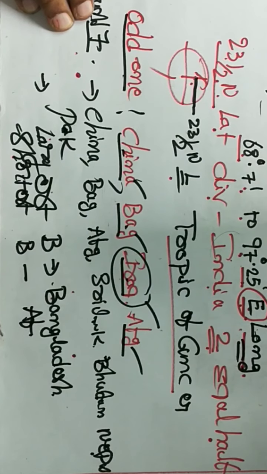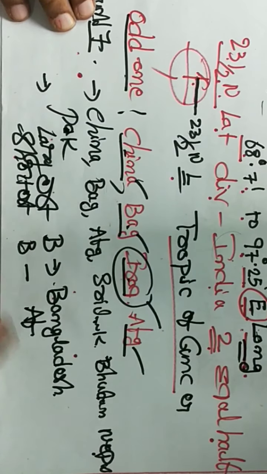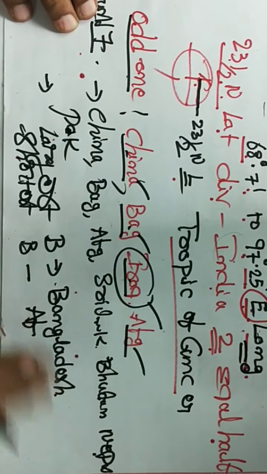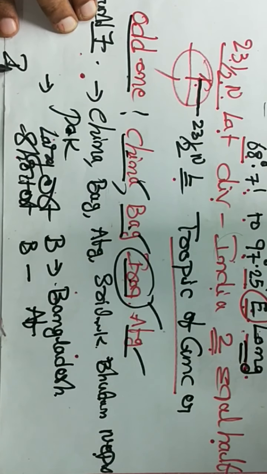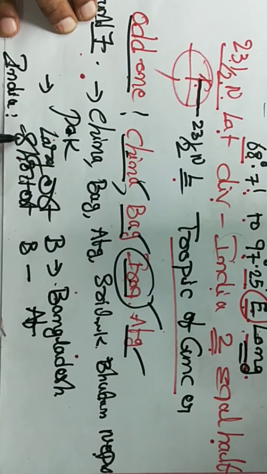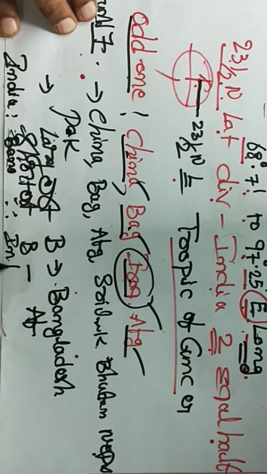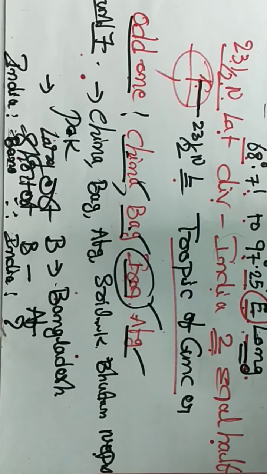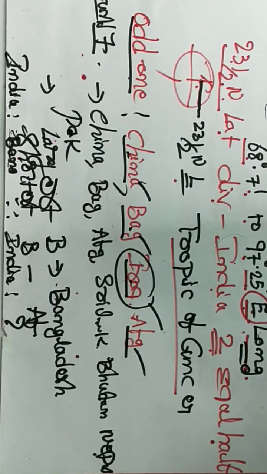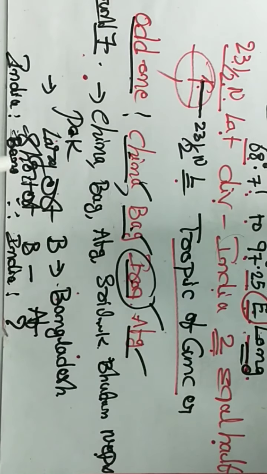So they can give like that: India, Bangladesh, question mark. So they will give one pair answer.